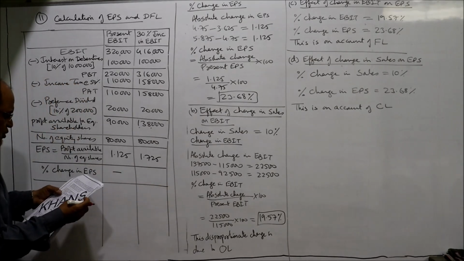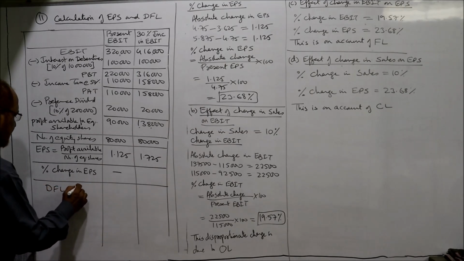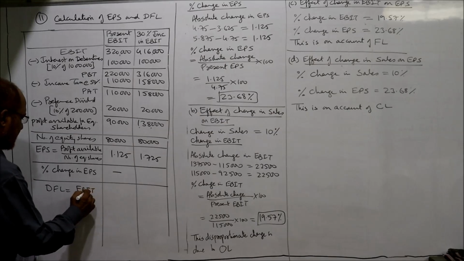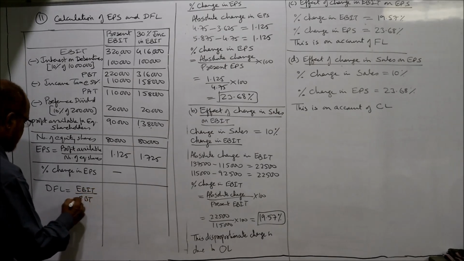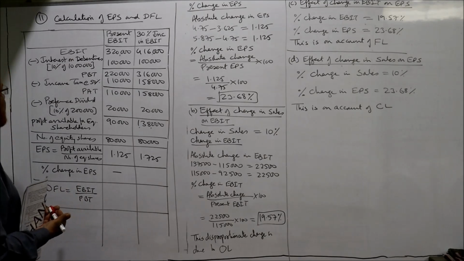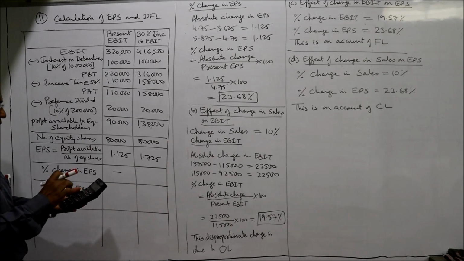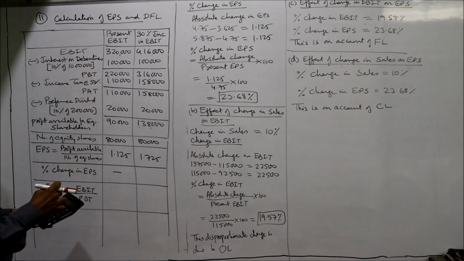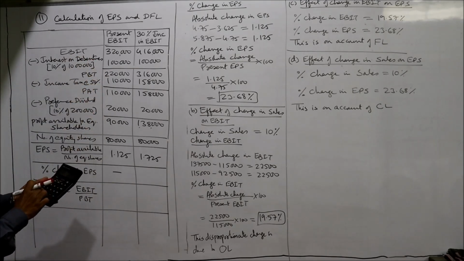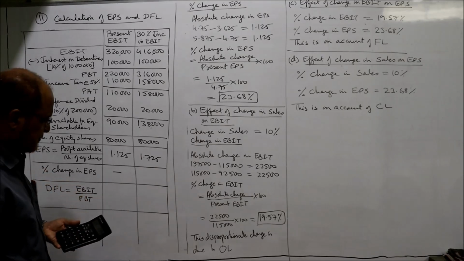Lastly, it is asking you to calculate DFL. DFL is EBIT divided by PBT. So EBIT is 3,20,000 divided by 2,20,000, that is 1.45.